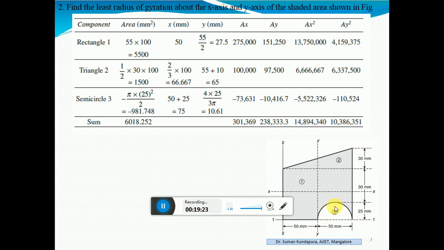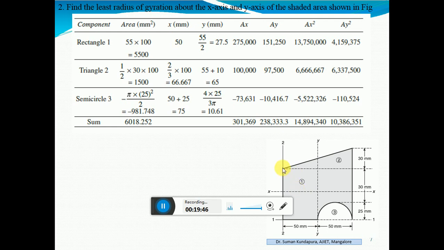This is the cutoff portion, so it is minus. X distance from the reference axis to each of the figure. For rectangle, you know it is always at the center, so it is 100 divided by 2, it is 50. So x distance is 50.